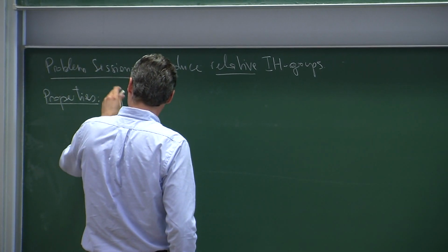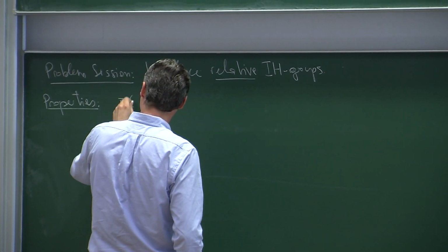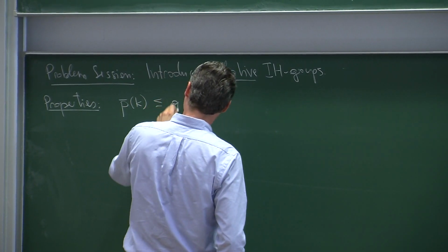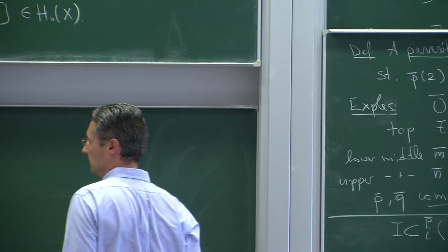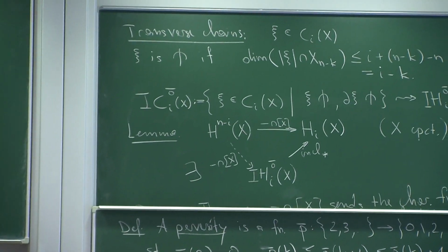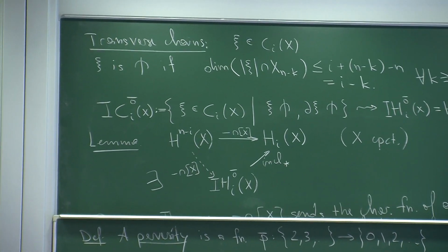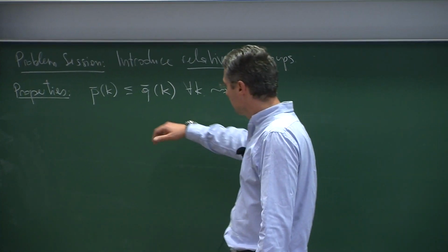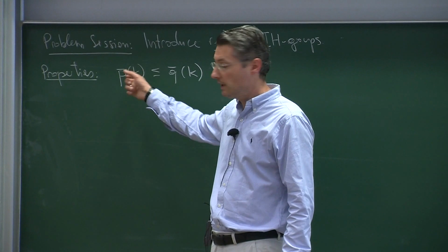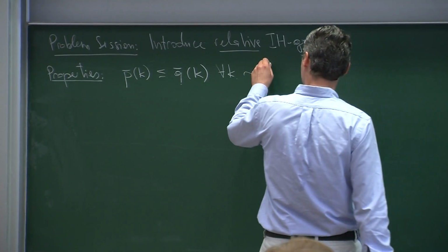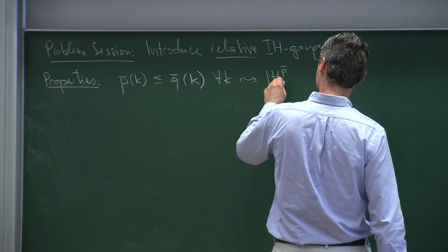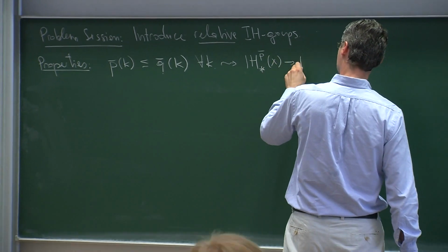Well, first of all, as I said, you get a factorization of this inclusion map, because whenever a perversity P is less than Q, then the inclusion induces a chain map from ICP to ICQ, which in turn induces a map on homology. So you get canonical maps like this.